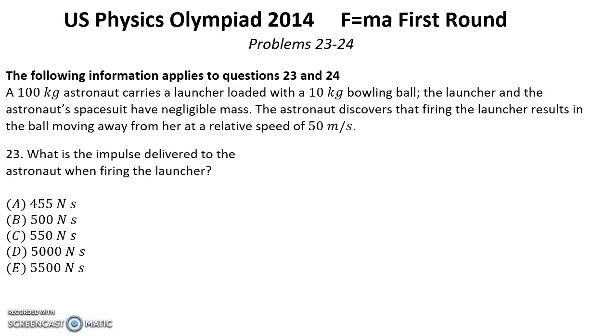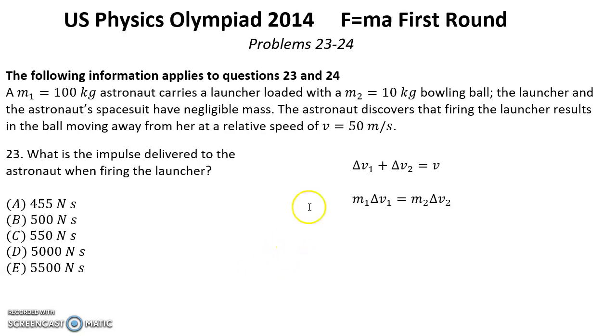Suppose that velocity of astronaut is going to the left and the velocity for bowling ball is going to the right, and both are positive. It means that we have two equations: delta V1, which is speed of astronaut, plus delta V2, which is speed of launcher, equal V, 50 meters per second.